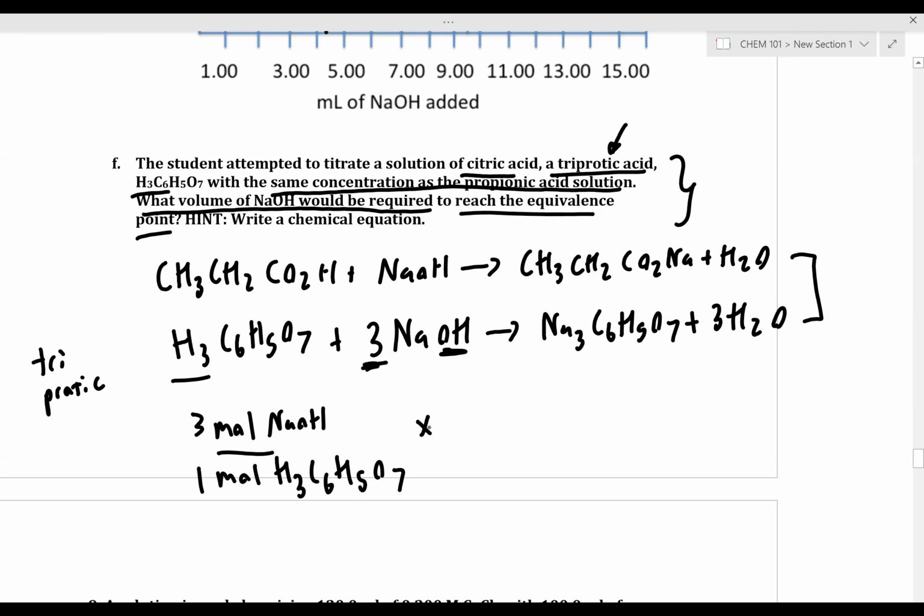And given that we're starting with the exact same concentration of citric acid as propionic acid, so we're starting with the exact same concentration. So if we have 0.015 moles of citric acid per 1 liter, we know the moles of NaOH required to react with the citric acid, and we know the molarity of our NaOH solution.